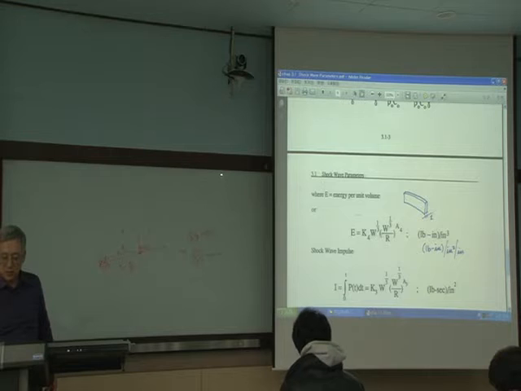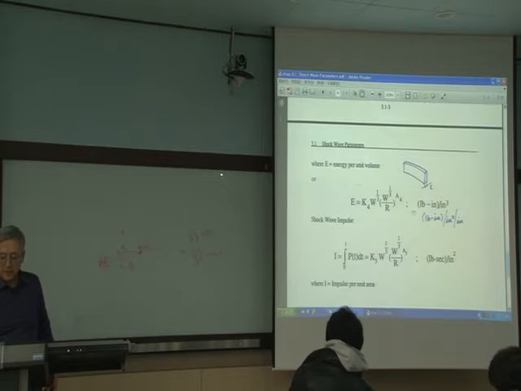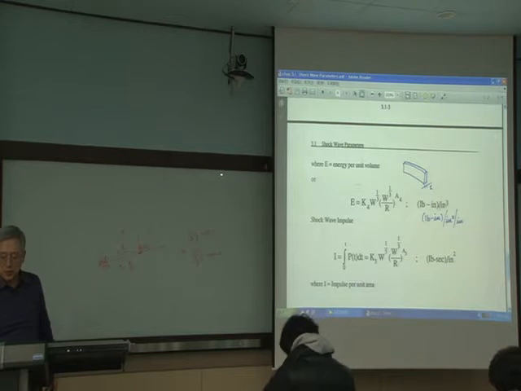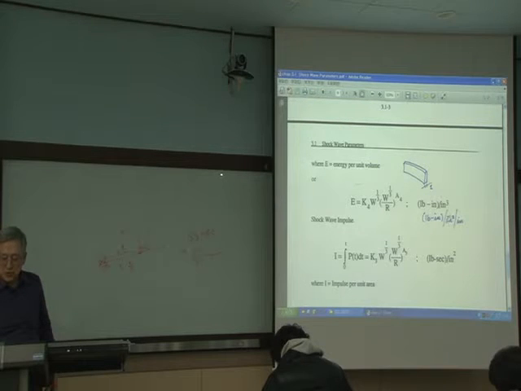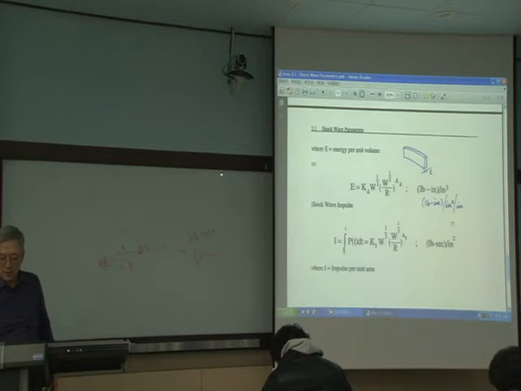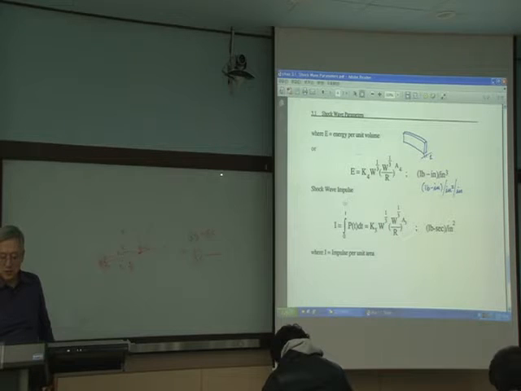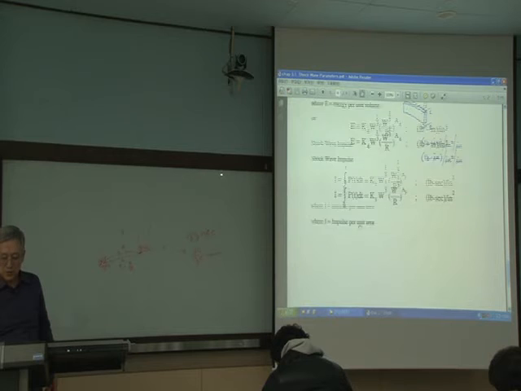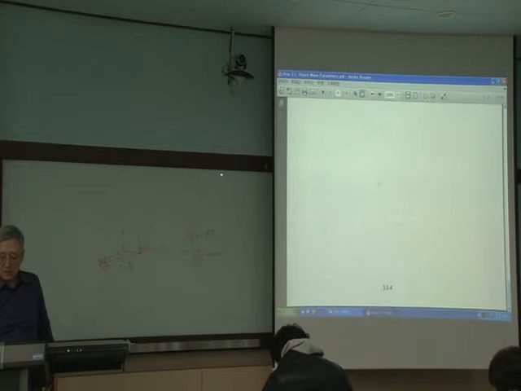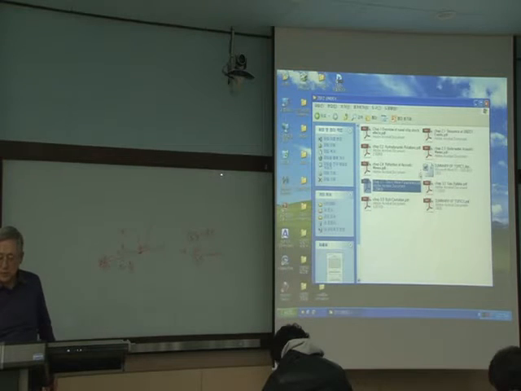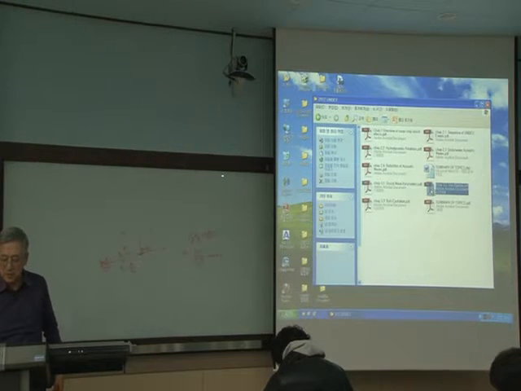This is all empirical equation. Pound inch per inch cubed means per inch squared per inch. You can look at it that way. Shock wave impulse is the area under the pressure time history, things like that. Okay, I think parameter-wise that's about all you need.